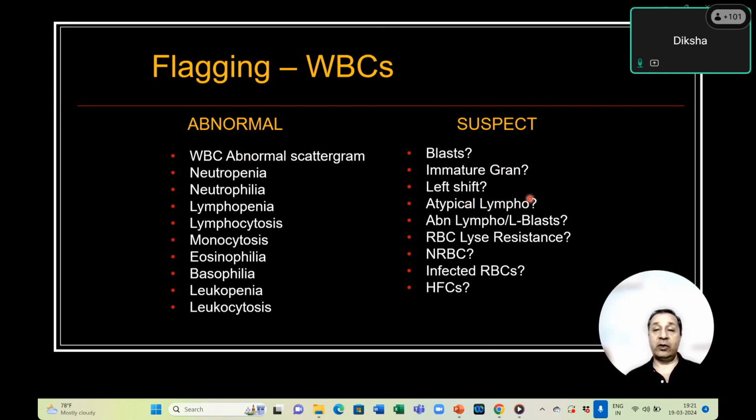So here you will have suspect flags for immature granulocytic cells, left shift, atypical lymphocytes, variant lymphs, and some of the analyzers also have the concept of identifying high fluorescence cells or high fluorescence lymphocytes. There are also some analyzers where you're able to pick up what are called hematopoietic progenitor cells or the blast cells. So all of these can also be picked up on the WBC platform.